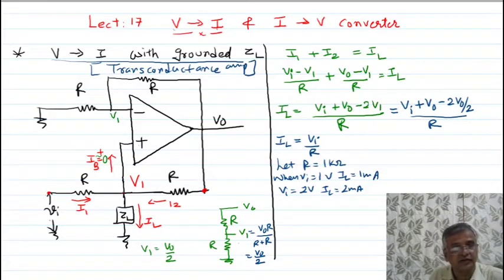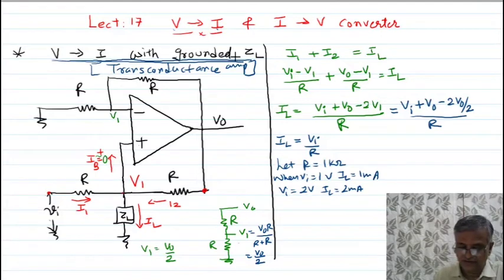The voltage to current converter, either with grounded load or floating load, is known as a transconductance amplifier. So this is what we have discussed about the first circuit, the voltage to current converter with grounded load.